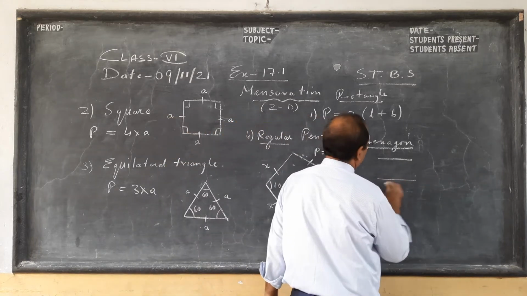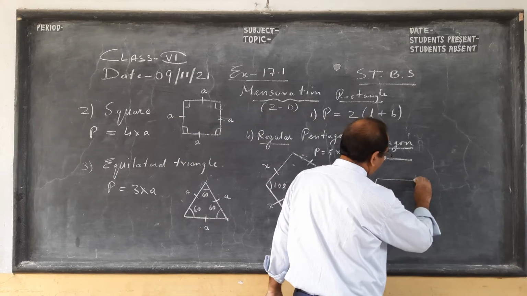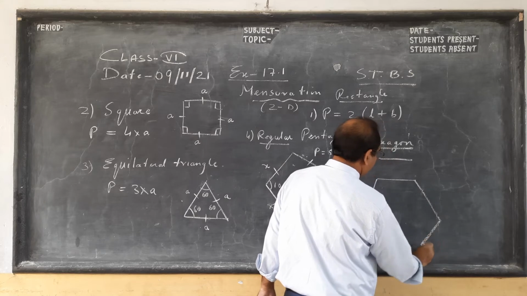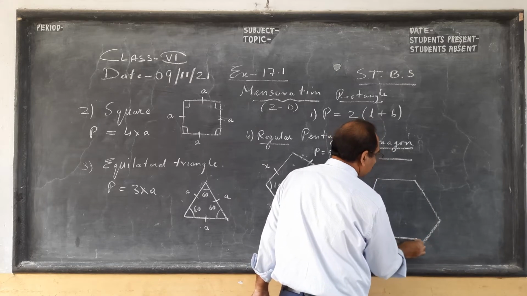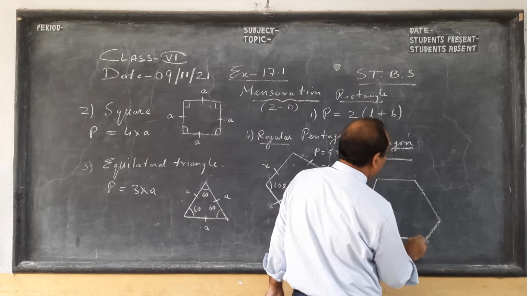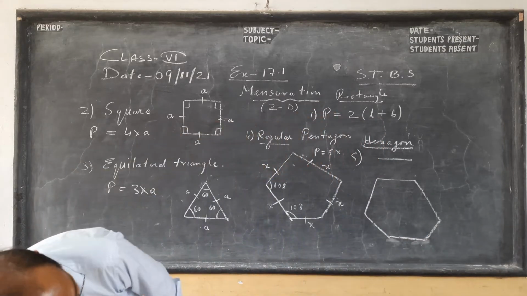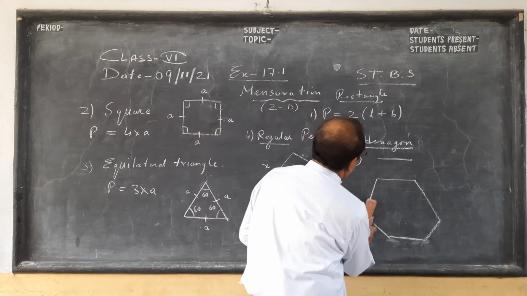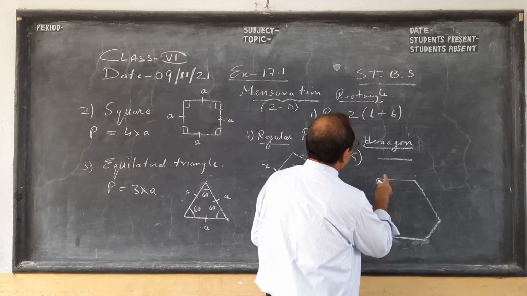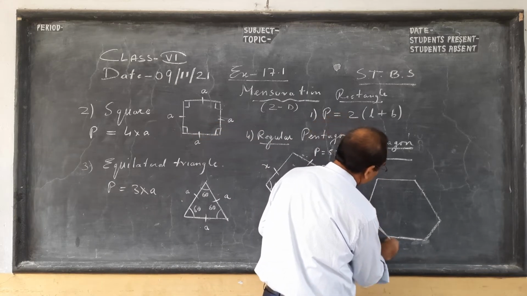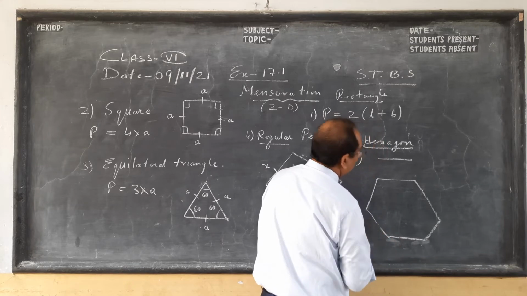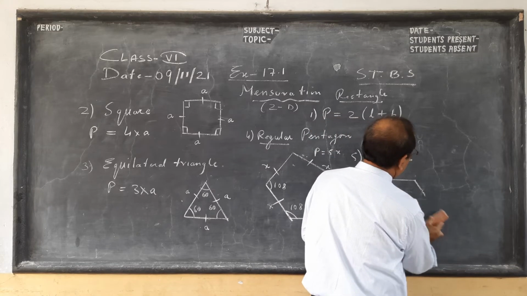Hexagon, how do we draw? So like this, we have a 6-sided figure. Okay, so regular means you'll have all sides and all angles equal. So it's a little bit bigger I have taken. So if you draw, you will get a regular hexagon like this.